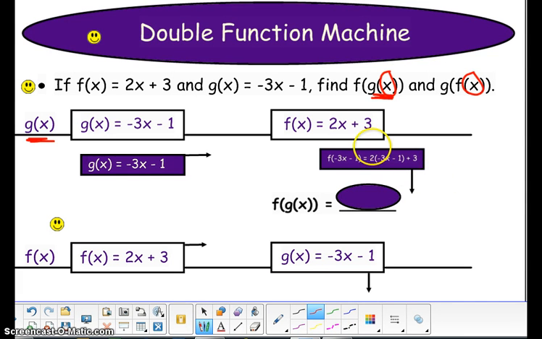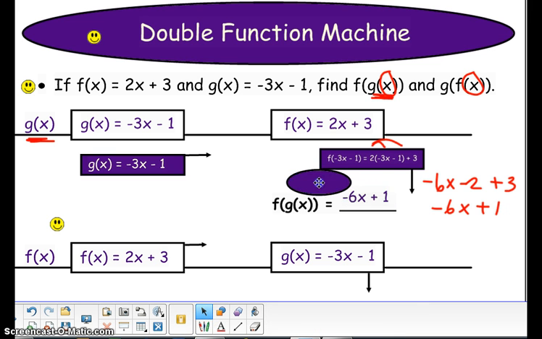So 2, with the distributive property, negative 6x minus 2, and then plus 3, and then it'd be negative 6x plus 1. Let's check our answer, and we are correct.